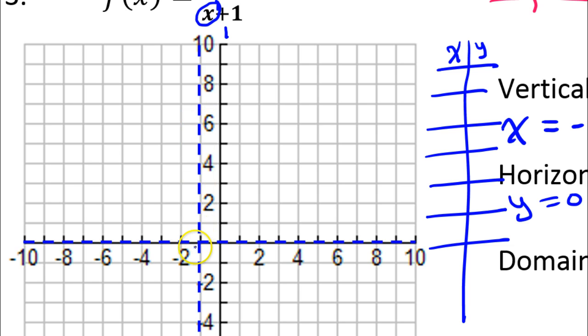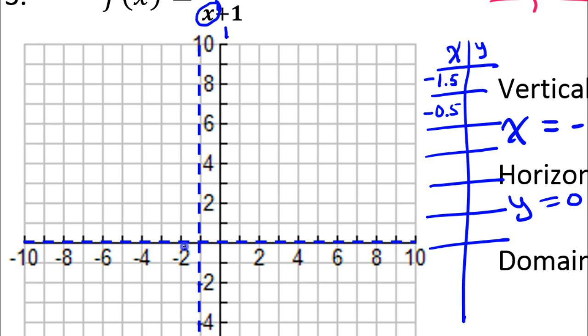The vertical asymptote is at negative 1. Always use the decimal to the left and the decimal to the right. So if I go a half a square to the left, that would be negative 1.5. So I'm definitely going to use that, negative 1.5. If I go a half a unit to the right, that's going to be negative 0.5. So I'll definitely do that.